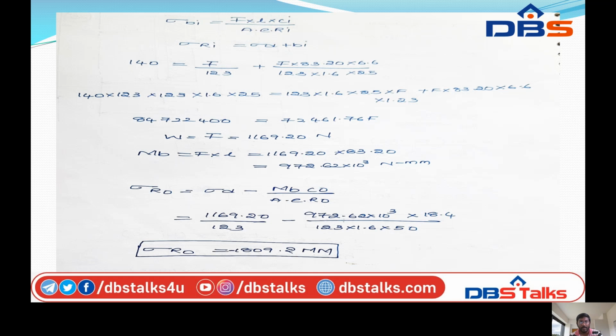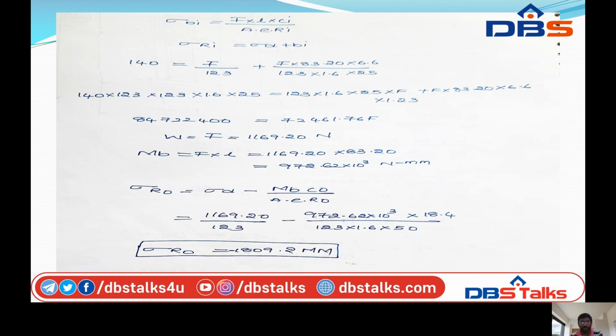Next we can calculate the sigma R naught. So sigma R naught is equal to sigma D minus MB C naught by A into small a into R naught. So sigma D is equal to 1169.20 by 123 minus MB, 972.62 into 10 cube into 18.4 by 123 into 1.6 into 50.